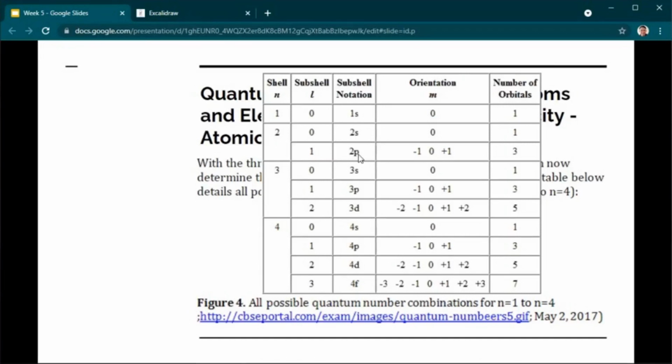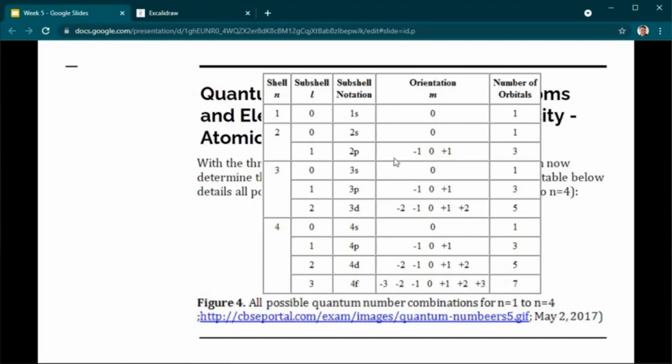Okay, then for the orientation on p subshell, which is l equal to 1, we have negative 1 and positive 1 as possible magnetic quantum numbers. Since we have negative 1, 0, and positive 1, we have now 3 orbitals.